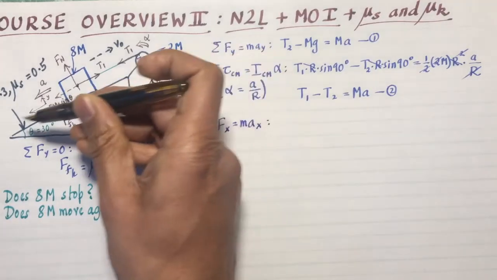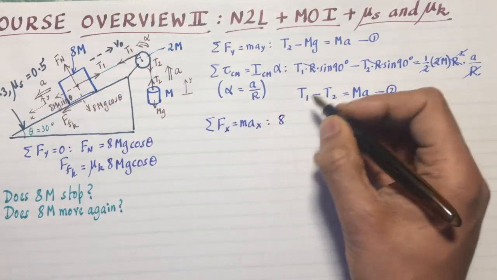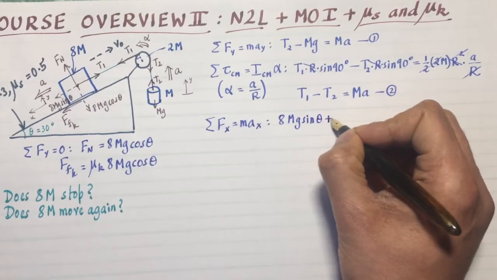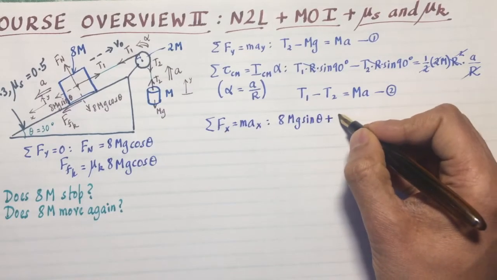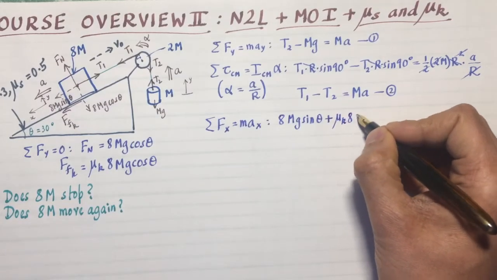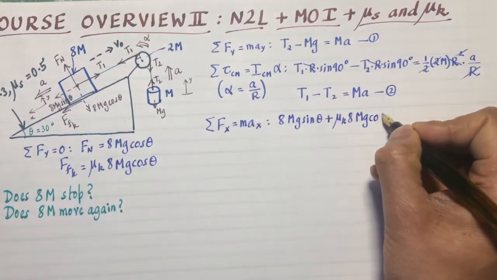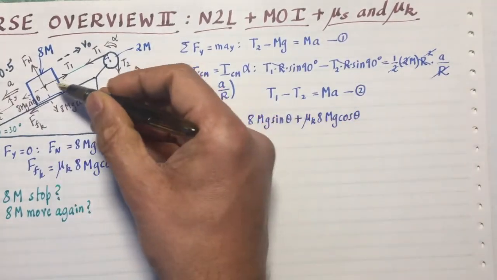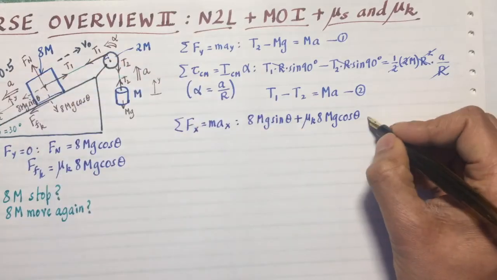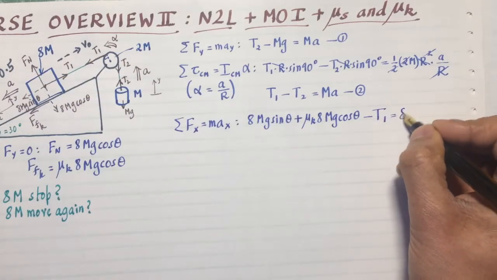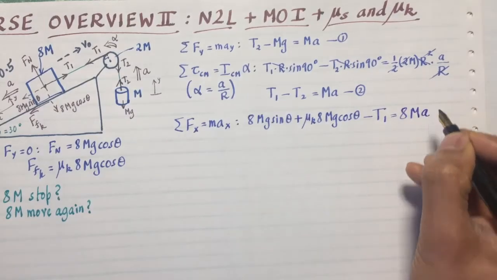Well, the acceleration promoting forces are 8mg sine theta plus the force of kinetic friction, which is mu kinetic times 8mg cosine theta, minus the tension, because tension is acting against the direction of acceleration, equals the mass 8m times the acceleration.